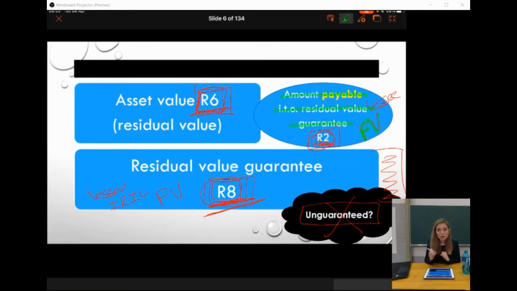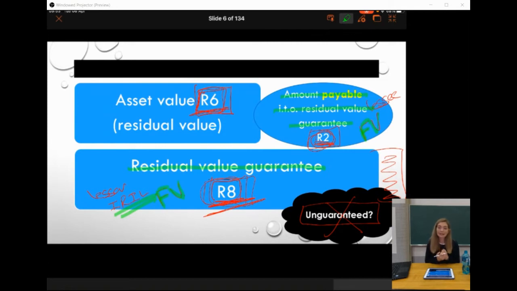However, for the lessor, you'll see next week when we do the lessor as well as now for the calculation of the interest rate implicit in the lease, we will use the full residual value guarantee as our future value to calculate the interest rate implicit in the lease. So that's the difference.